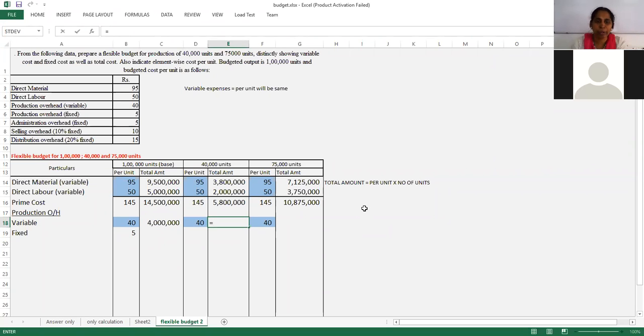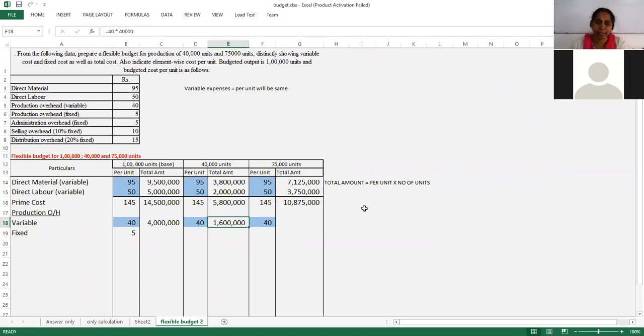Now I wanted to know the amount for 40,000 units. For that, what do you have to do? You have to take the per unit amount, that is, 40, and multiply by the total number of units. Here the number of units is 40,000. How much is it coming? 16 lakhs. Okay. Be careful with the commas. Here this is Excel, so it is showing three-digit separators, so you should be careful.